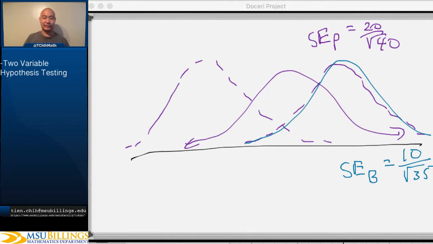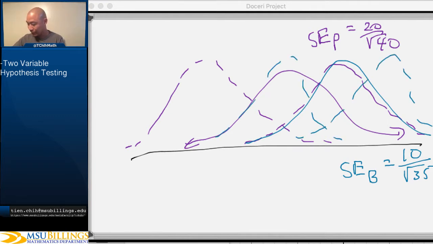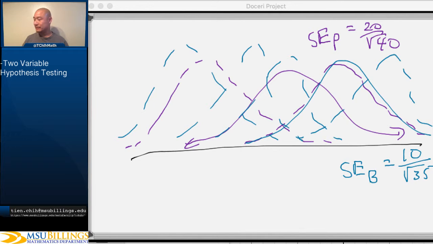Because their n was 35 and the measured deviation was 10. But as usual, we don't know the mean of the weights of the blue microelephants. So there's a lot of different normal curves that could be.